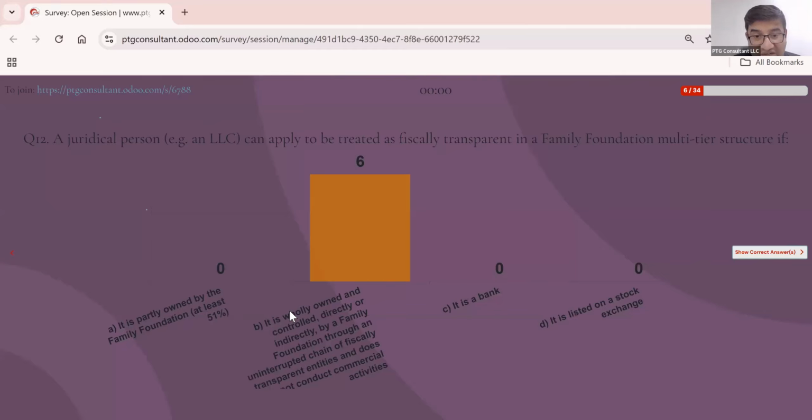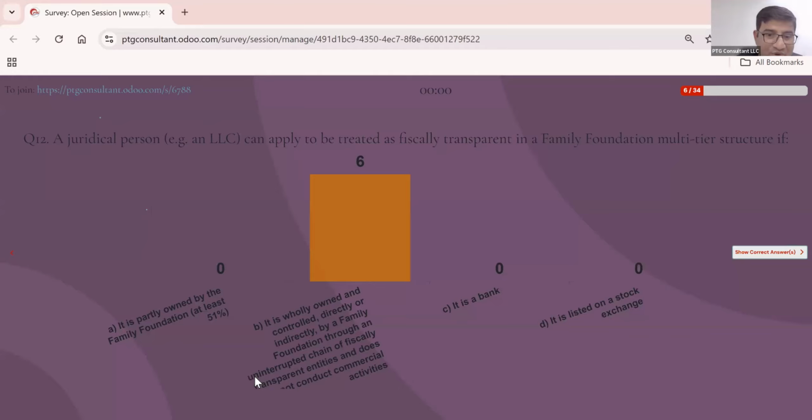But if it's not wholly owned, say there are 2 family foundations and they own another SPV, a special purpose vehicle, like another family foundation or a company, but the top-layer family foundation is not wholly owned by the same, then it fails. So here one factor is wholly, and the other is the uninterrupted chain.